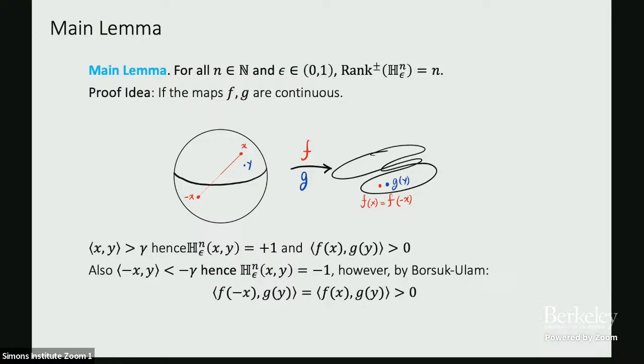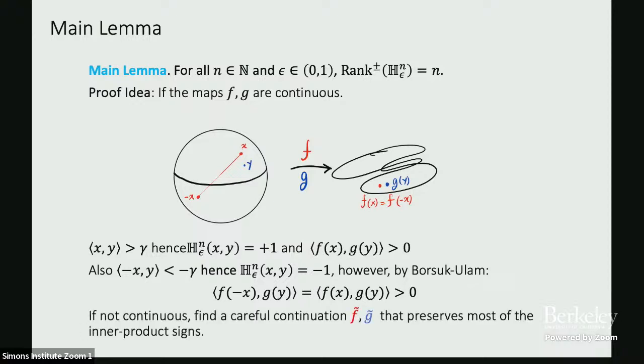If the maps are not continuous, you just have to continuize them carefully. So I look at some continuation of them, at what cost? Well, I might mess up some of the inner product signs. It's fine, I'm just saying I might work with another threshold that's slightly bigger than gamma. Then I'll get a continuous map with some gamma prime satisfying all the conditions.